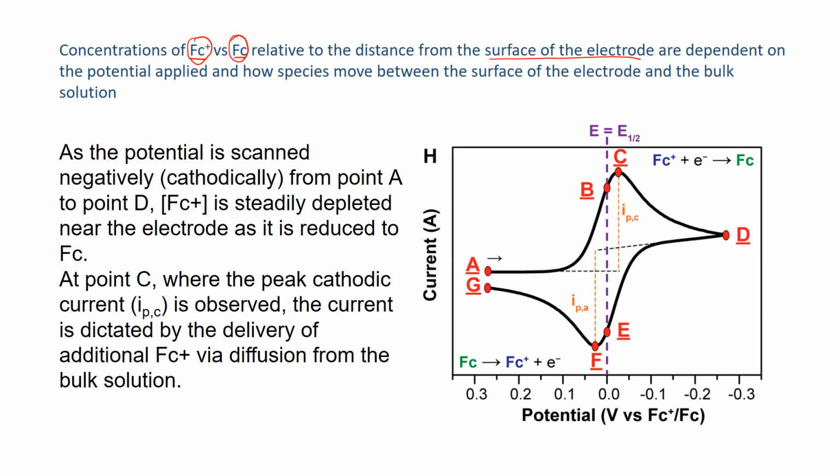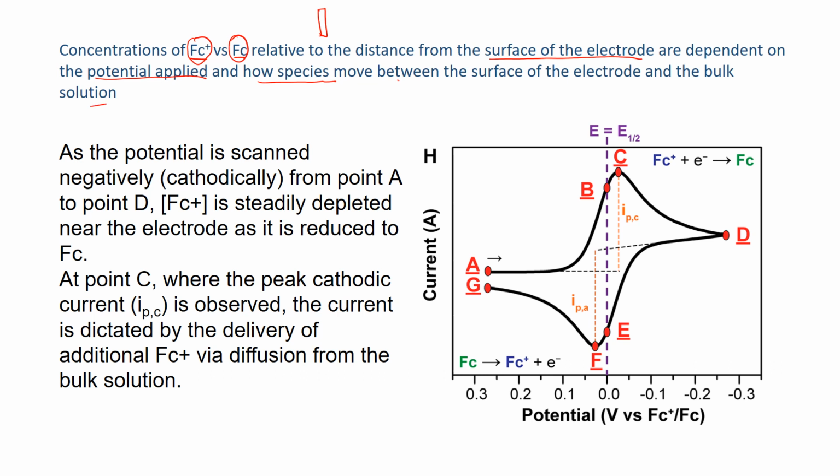That means from the surface of this electrode, the concentration of Fc and Fc plus depends on the potential applied, and it also depends on how species move between the surface of the electrode and the bulk of the solution.